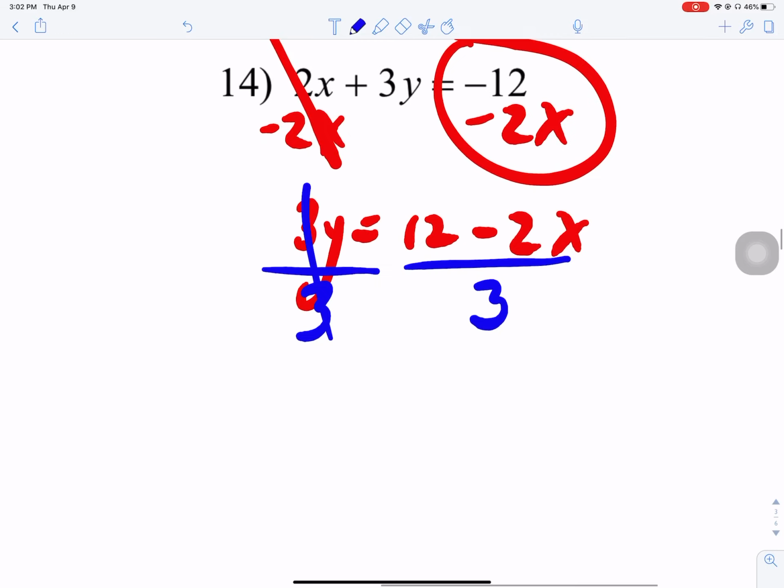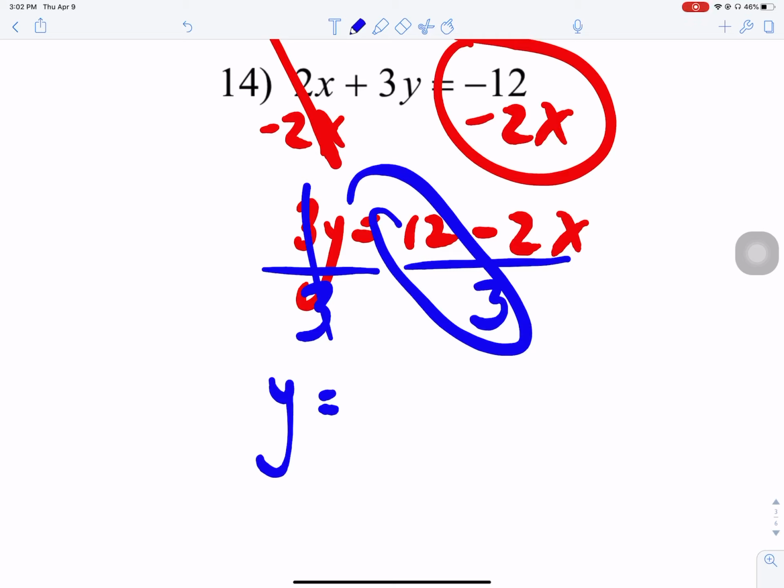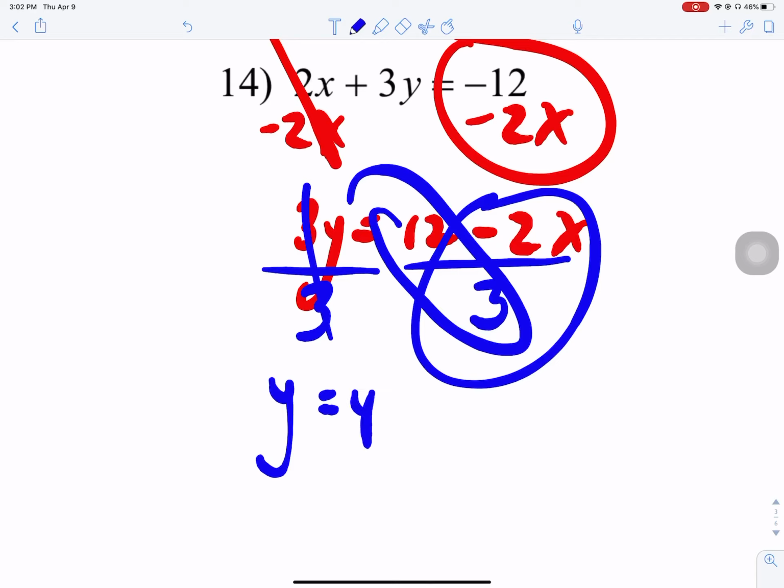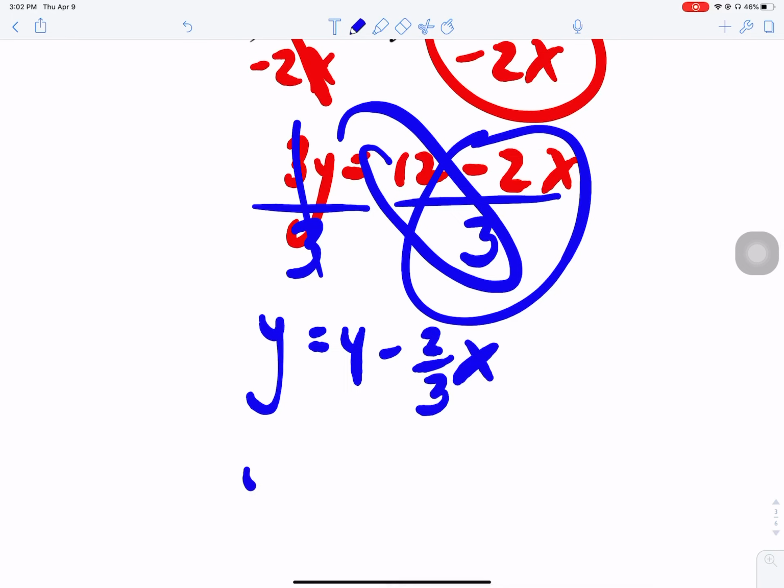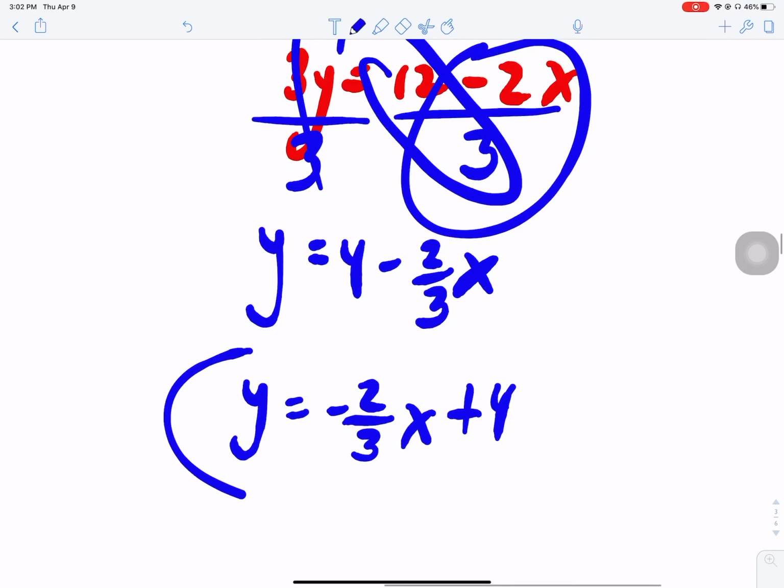I'm left with y equals, I have to do this division problem first, then this division problem. So 12 divided by 3 is 4, and negative 2 divided by 3 is negative 2/3. I don't have to do any division. I don't need a decimal or nothing. I can just leave it like that. And then because it's backwards, I can make it look the way I want it to look in slope intercept form.